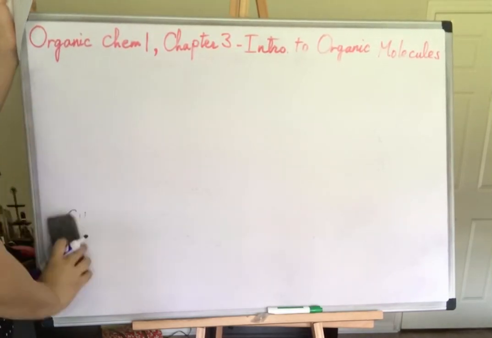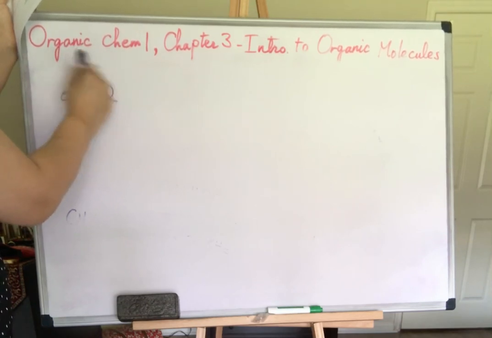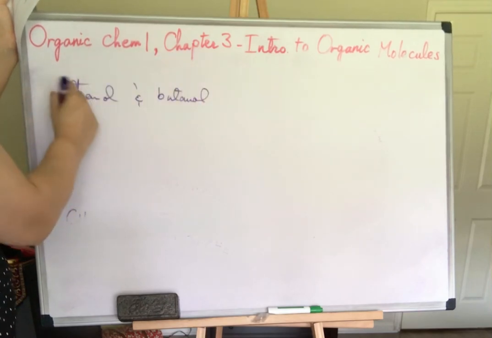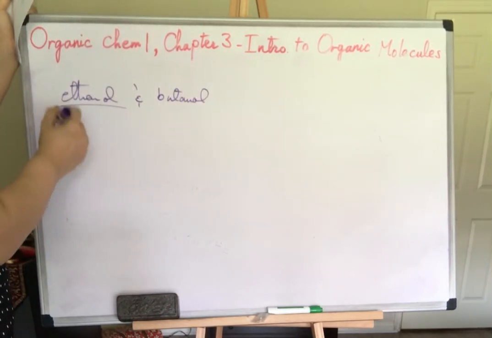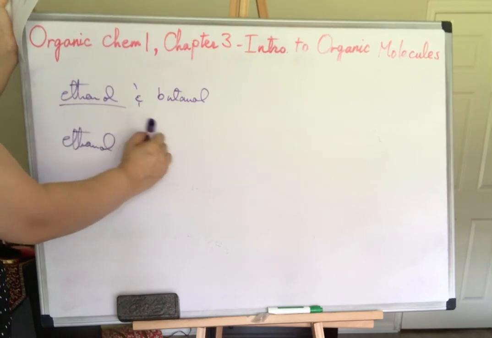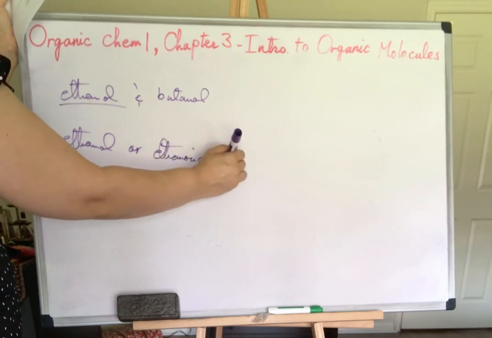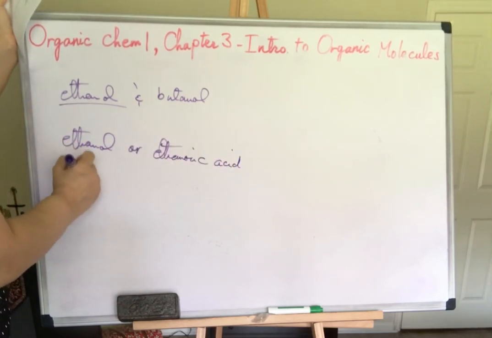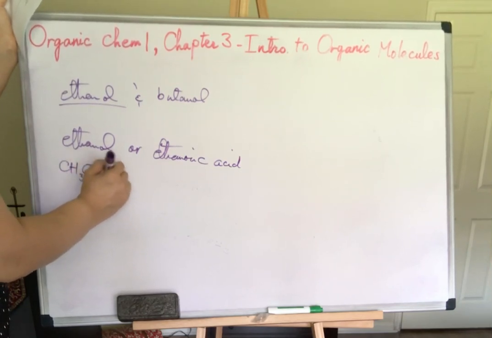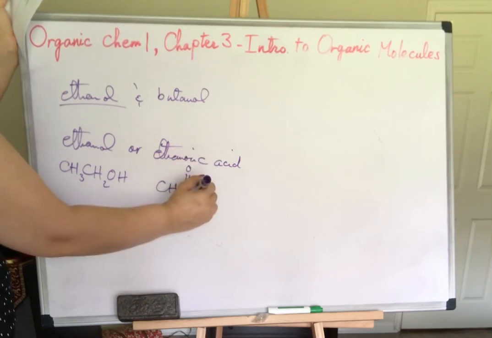Can you talk about the solubility in water now between ethanol and butanol? You just saw in table 4 that ethanol has higher solubility. Between ethanol or ethanoic acid, this is ethanol, and this is ethanoic acid or acetic acid.